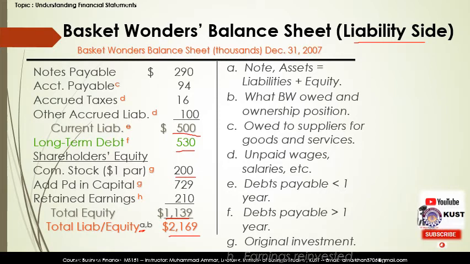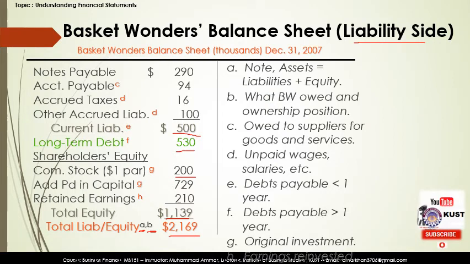B is what Basket Wonders owns and the ownership position. So this is also there. They have given C to denote what is owed to suppliers for goods and services, D for unpaid wages, salaries, etc., E debts payable in less than 1 year, F debts payable in greater than 1 year, and G original investment.